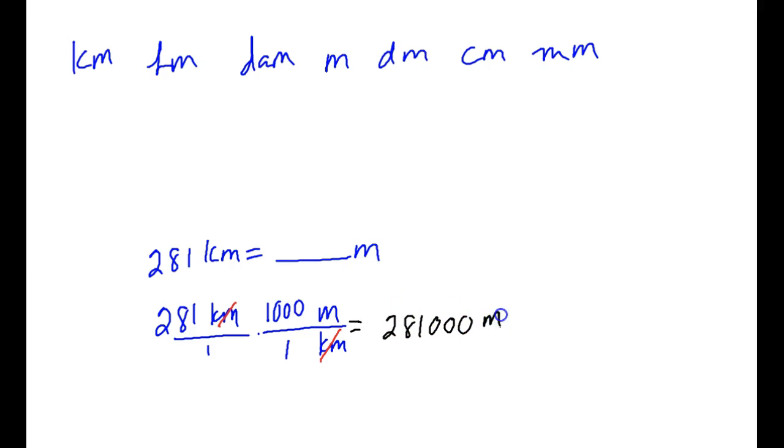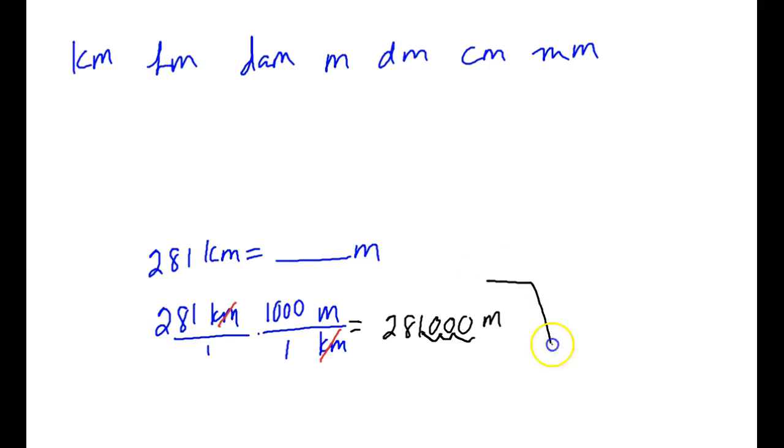Those are meters. Well, 281 has a decimal point right at the end. If I multiply it by 1,000, I move my decimal point 3 places. If I look at my chart up here, if I started with kilometers and counted 1, 2, 3 places to meter, it tells me how many places to move my decimal point.